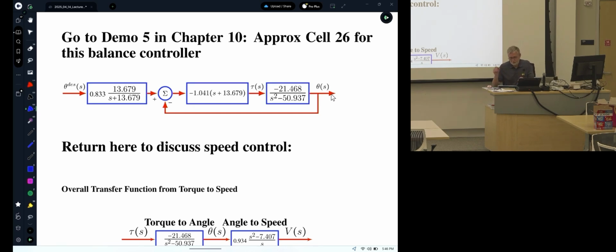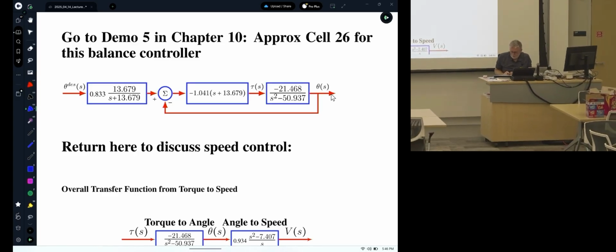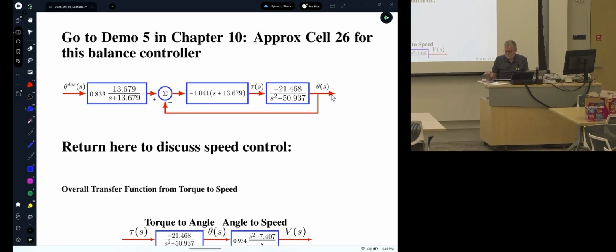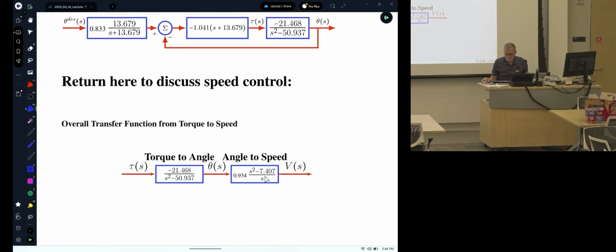Okay? So that's the third part of project 3. First part, Lagrangian model. Second part, form the linearization and get the transfer functions. So you'll have this part and you'll have this part.